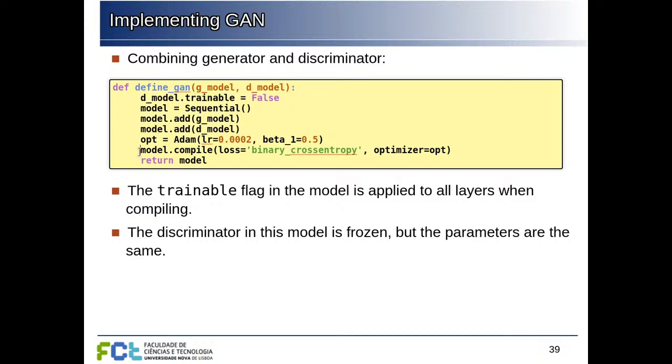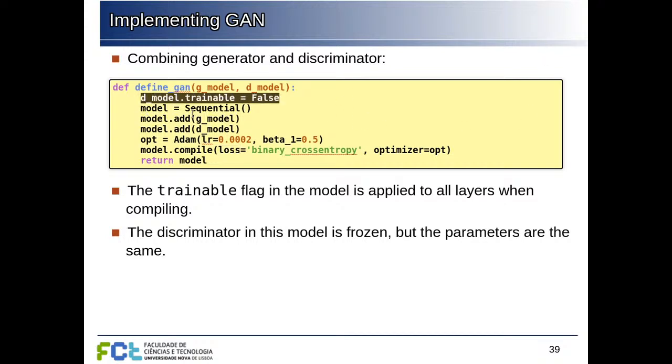But when we now compile a new model using the same tensors as this one, because we added this model as a new layer here to our GAN, then when Keras compiles this model, it will look at this trainable flag, and so in this particular instance, in the GAN, the discriminator is not trainable.